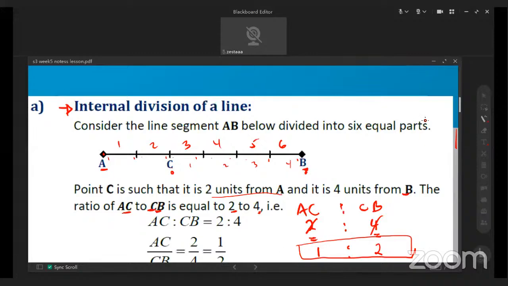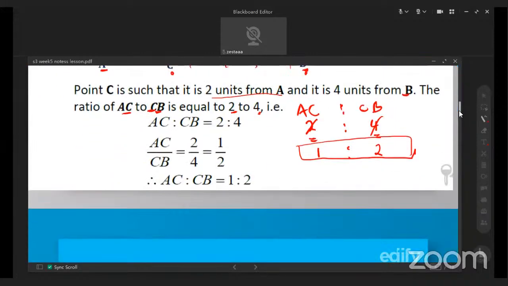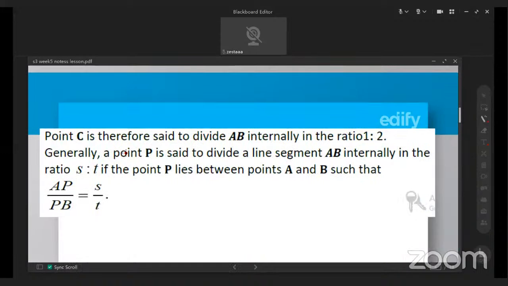Now, from here we conclude. We say that point C is therefore said to divide AB internally, in the ratio of 1 to 2. Look here. Those of you who are asking which topic, Benjamin, we are looking at vectors.